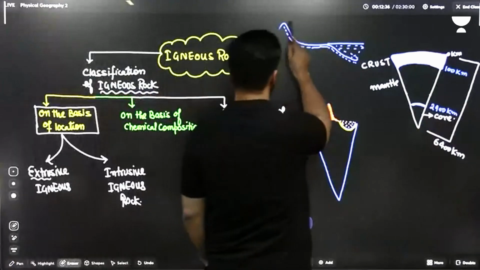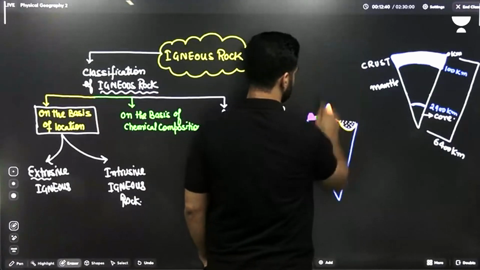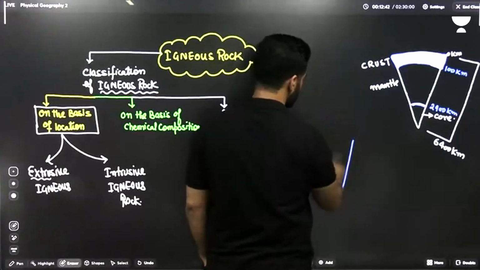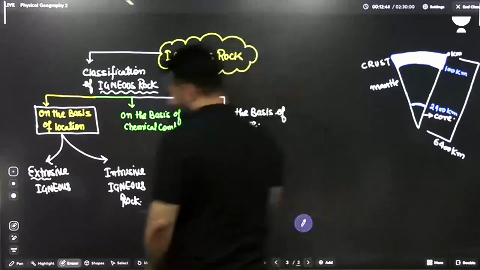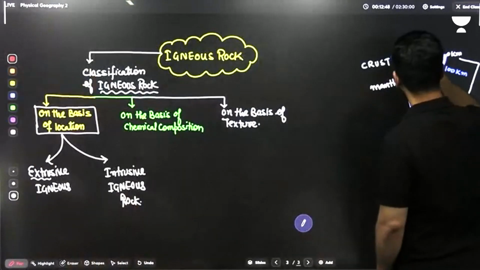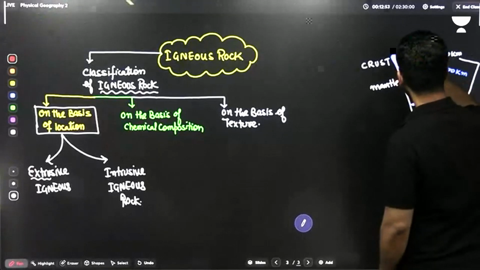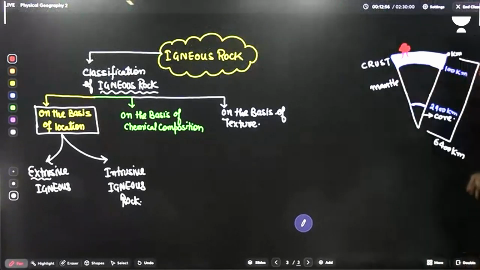तो अब ये एक बात ध्यान से समझना आप, when I am talking about intrusive igneous rocks, one is extrusive. It means a volcano came and assume on this part a rock is being formed. What do we call this? Extrusive igneous rock. You will remember, where is heat trapped?